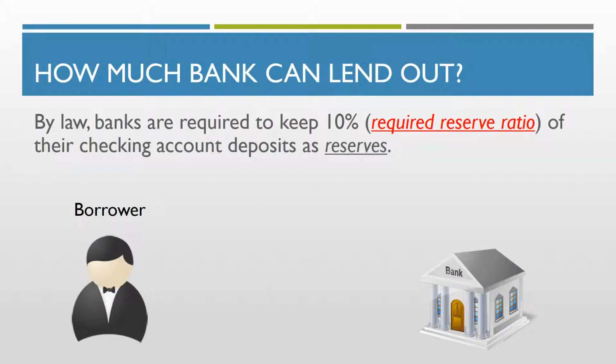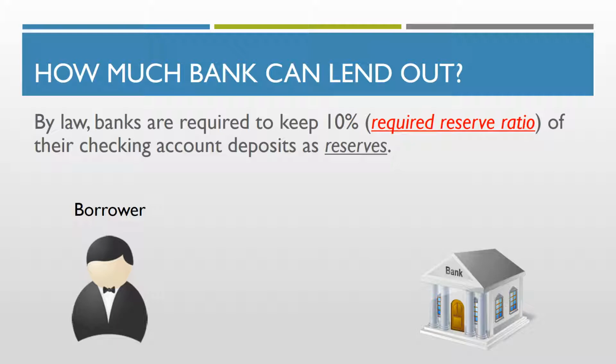Bank operation is based on how much money they have received from depositors, which determines the funding they can lend out to borrowers to earn high interest returns. So how much can the bank actually lend out? In the United States, it is a very common practice called fractional reserve banking.